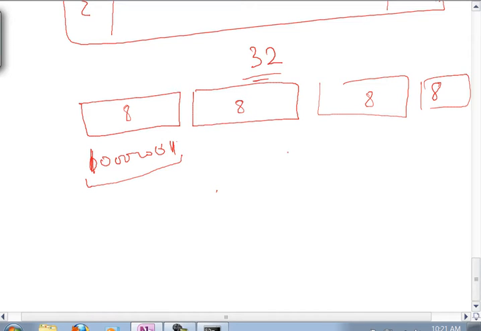So the first octet, the second octet will have something, for example 0, 0, 3, 4, 5, 6, 7, 8, and then 0, 0, 0, 0, 1, and so on up to 8.